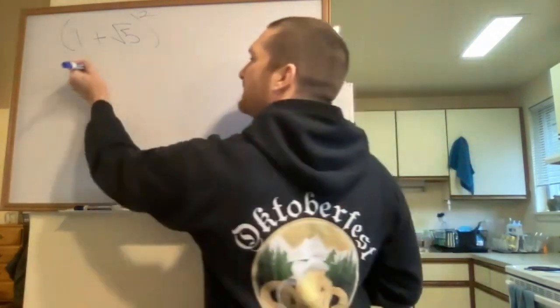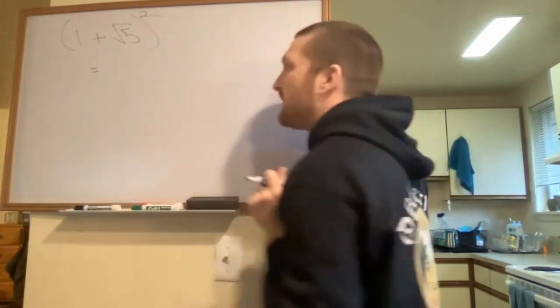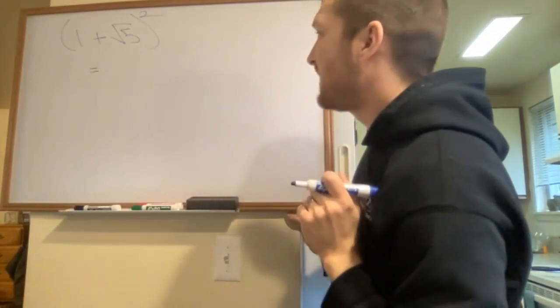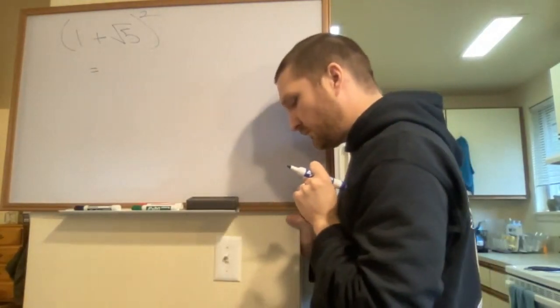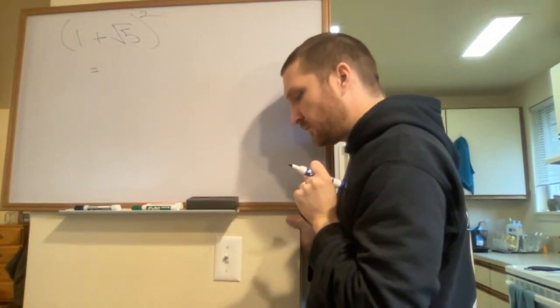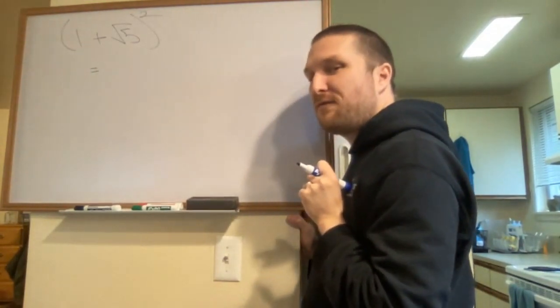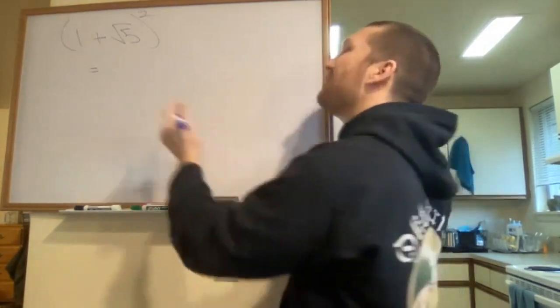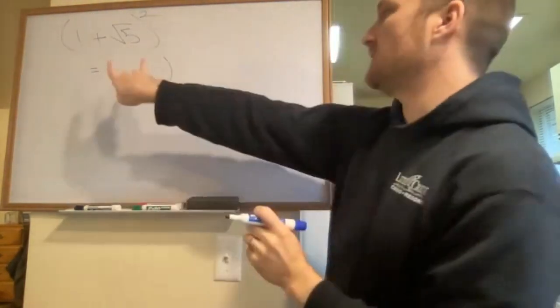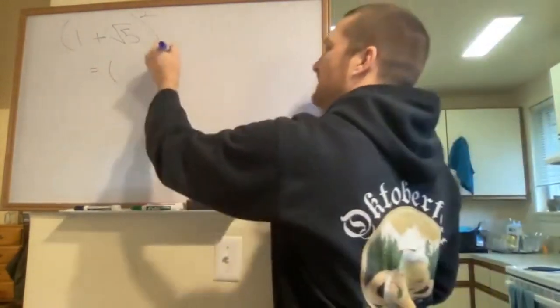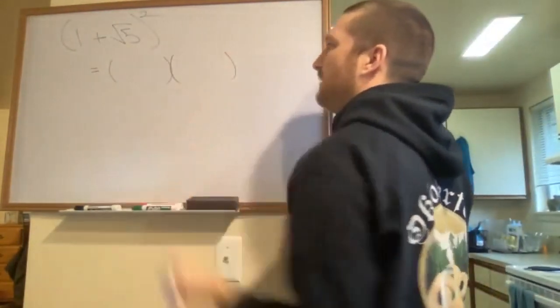Oh, great. Wouldn't you have to multiply it out? Foil it out. Yes. So something squared is whatever that something is times itself. And so be careful with that right there.